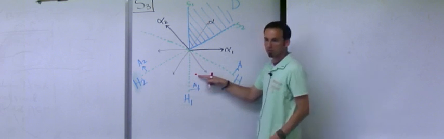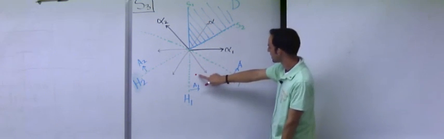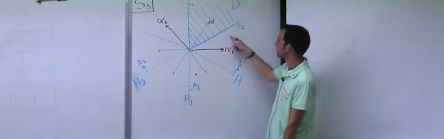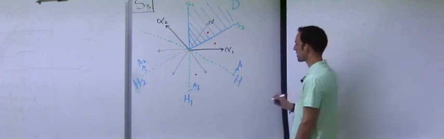Now, how do I figure out which point it is? Well, basically, I'm going to use these mirrors to get back to the main domain. So this is the image of something over here, and then this is the image of something over here.